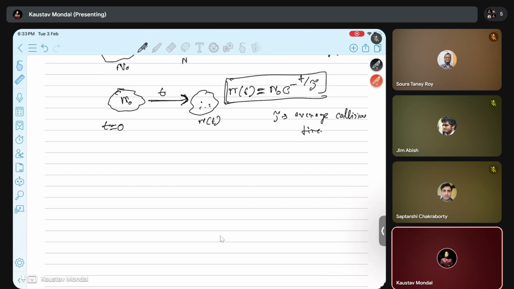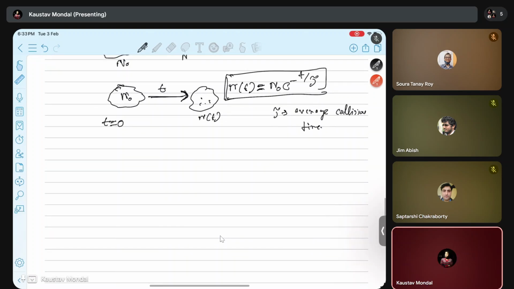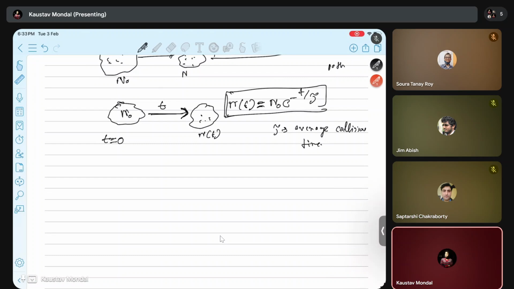Now, there is also a relation if you know the diameter of the gas molecule, the average cross section.